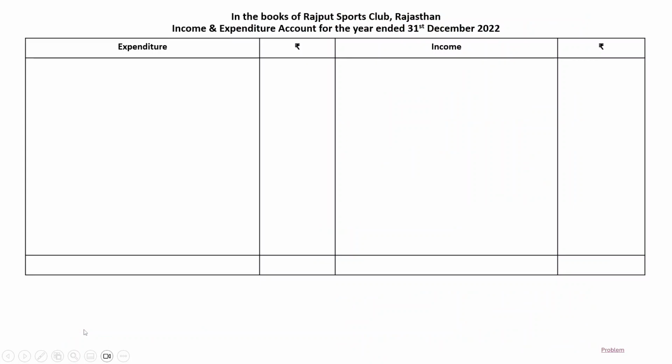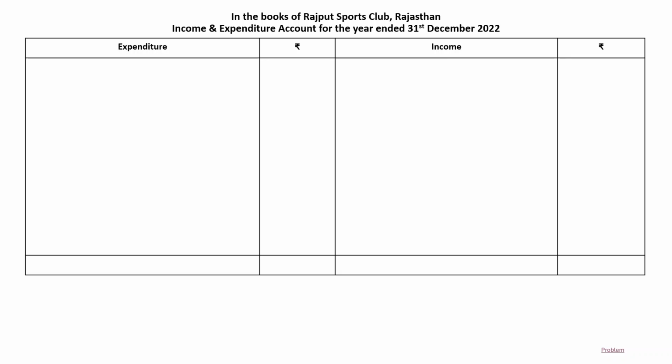So first of all, give the appropriate heading to this account. In the books of Rajput Sports Club, Rajasthan, income and expenditure account for the year ended 31st December 2022. The debit side of this account is the expenditure side, and the credit side of this account is the income side.